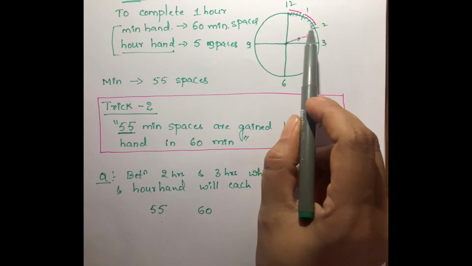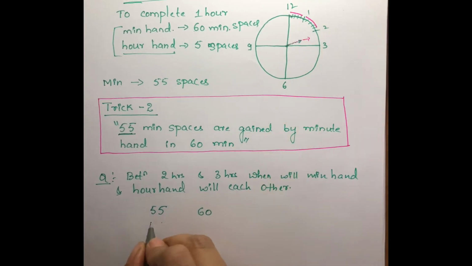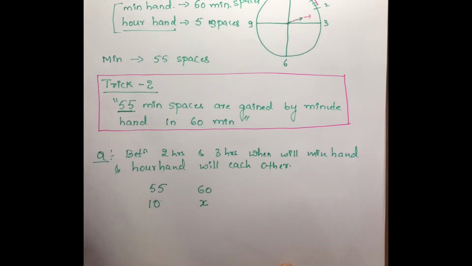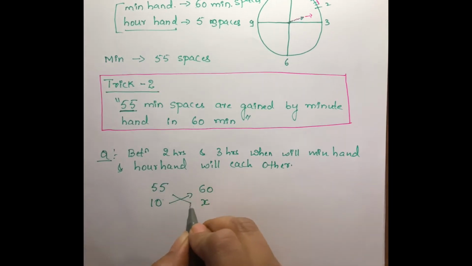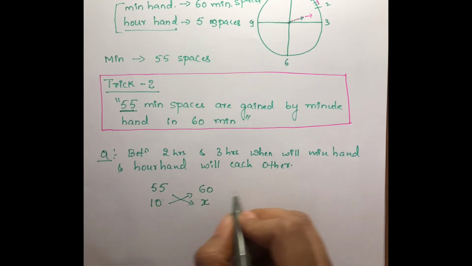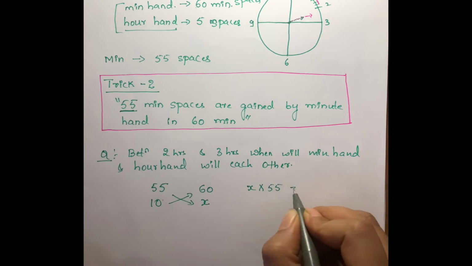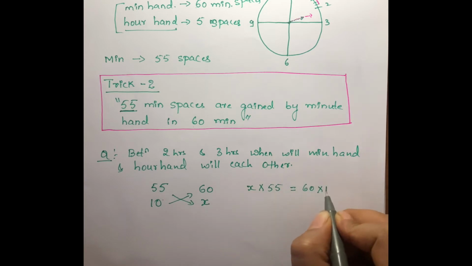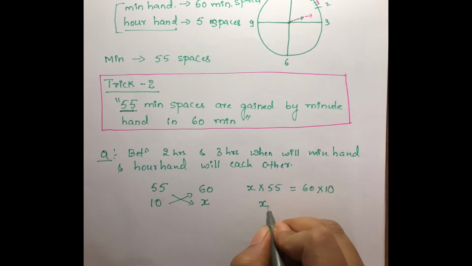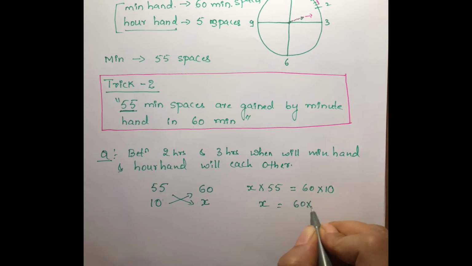So 10 spaces are gained in how many minutes? 10 spaces are gained in x minutes. If you cross multiply, how do you cross multiply? x into 55 is equal to 60 into 10, isn't it? So x is equal to 60 into 10 upon 55.